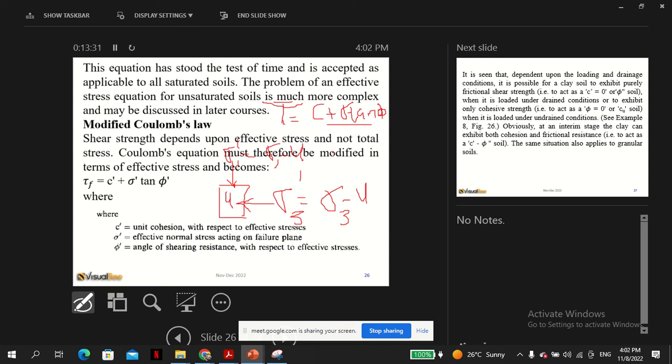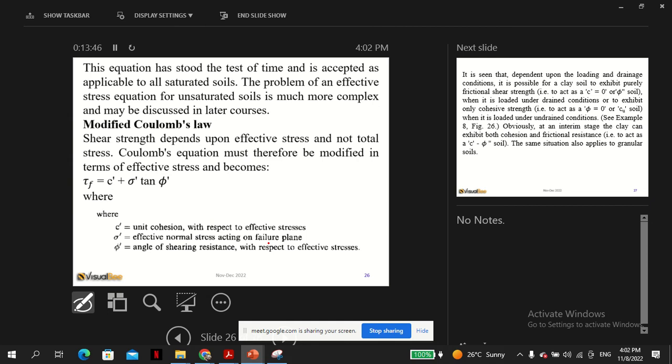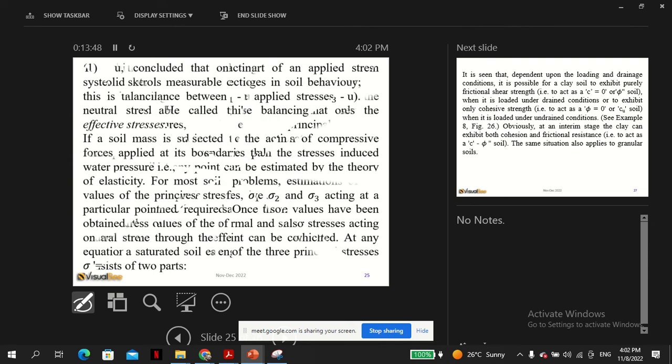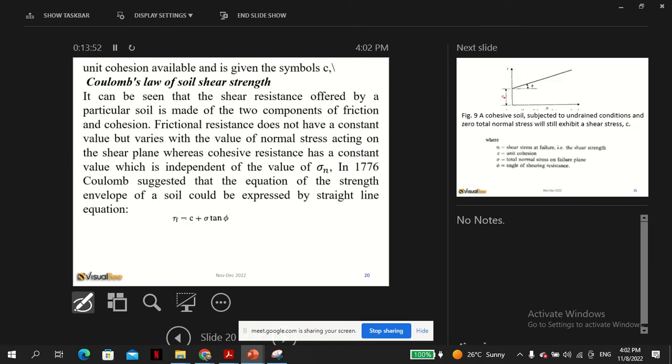So if you want to deal with clay, you have to subtract the pore water pressure. It's the same equation, but now expressed in terms of effective stress. You can see these ones have an apostrophe, different from this one, which is the total stress parameter.